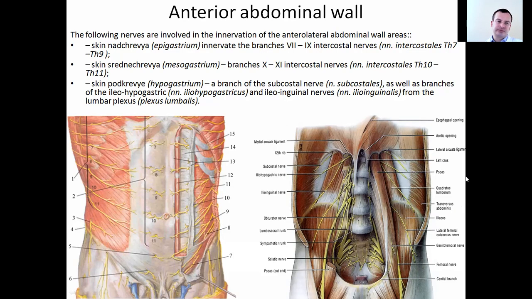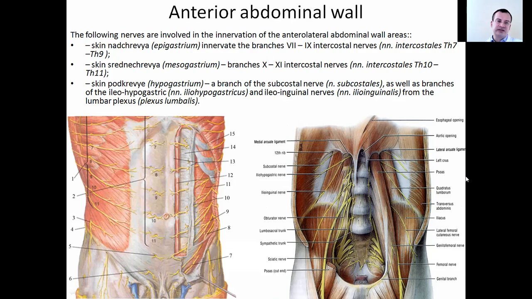Anterior abdominal wall. The following nerves are involved in the innervation of the anterolateral abdominal wall areas. Skin of the epigastrium is innervated by branches of the 7th to 9th intercostal nerves.